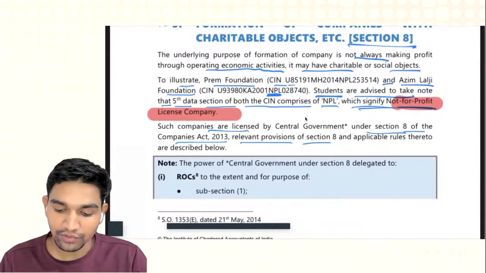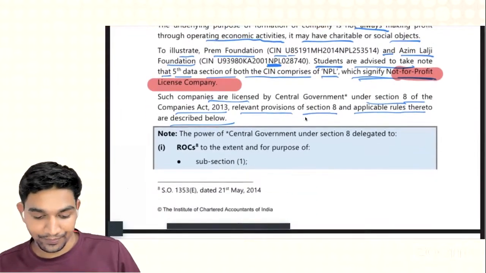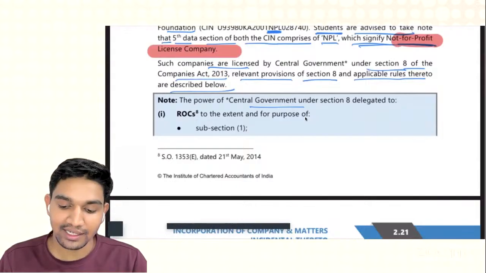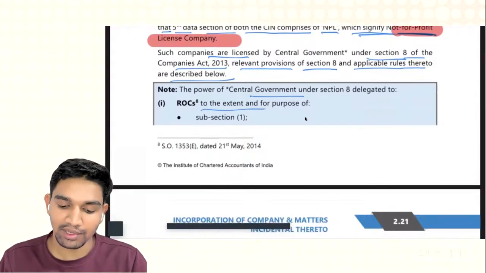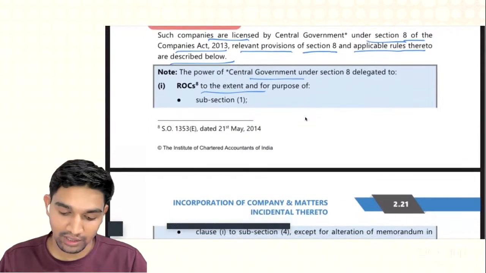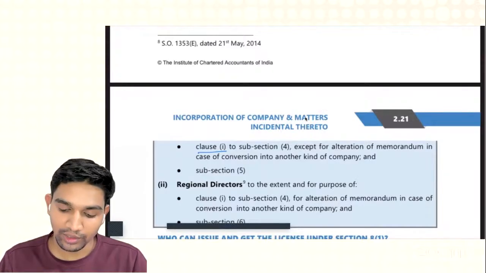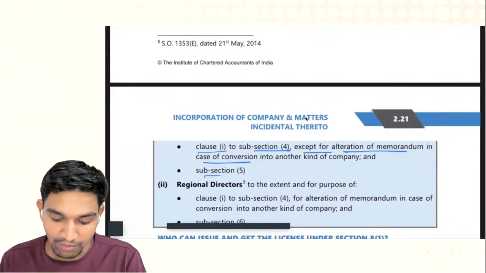Relevant provisions of Section 8 and applicable rules thereto are described below. The power of the Central Government of giving license under Section 8 is delegated to the ROC to the extent of the purposes of subsection 1, clause 1 or 2 of subsection 4, except for alteration of memorandum in case of conversion into another kind of company, and subsection 5.